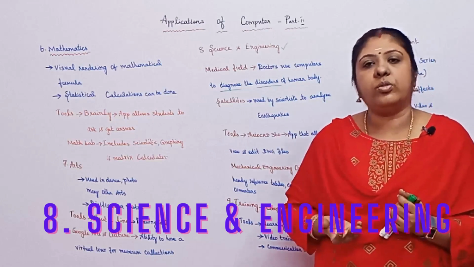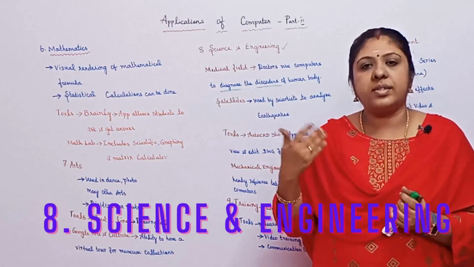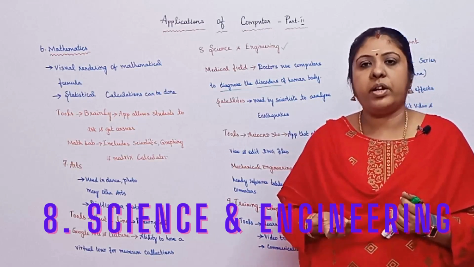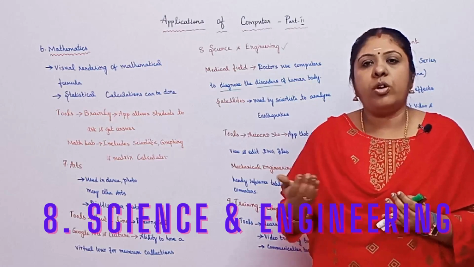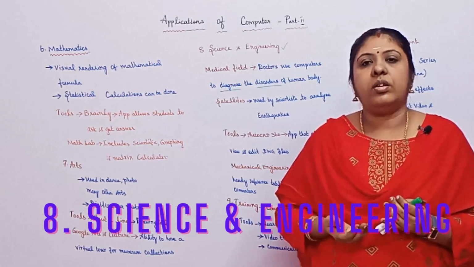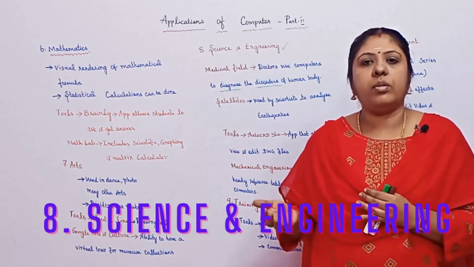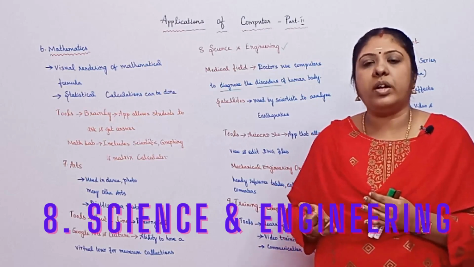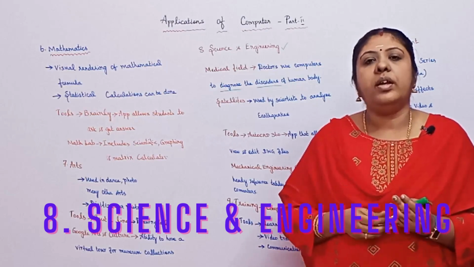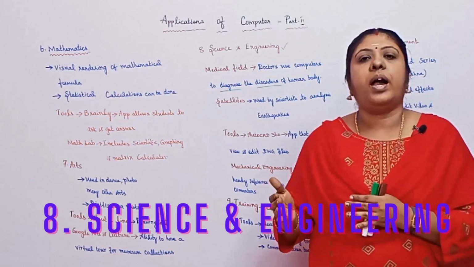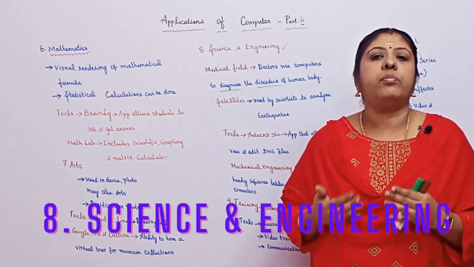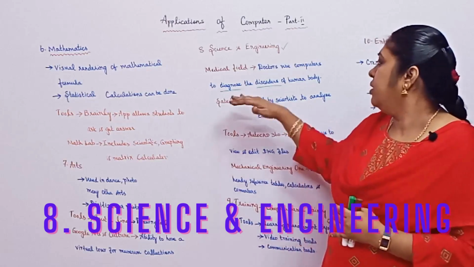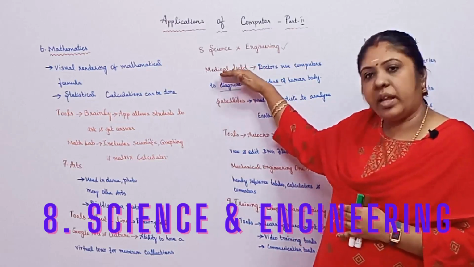What does the doctor do? He asks the lady to take a scan, which helps to know about the child's growth depending upon the month. Everything is possible only with the help of computers, connected with some analog devices. Each and every organ or problem can be sorted out using computers in the medical field.